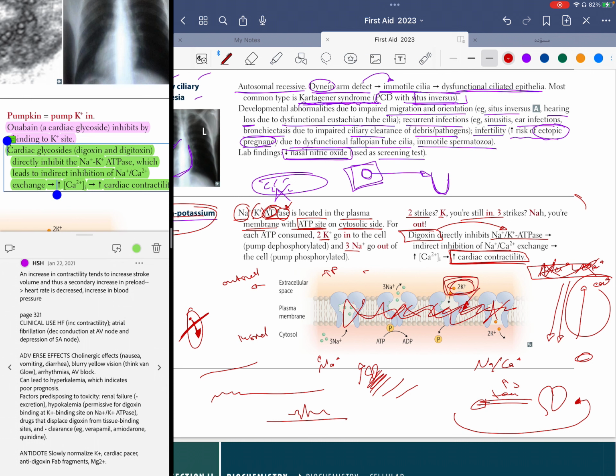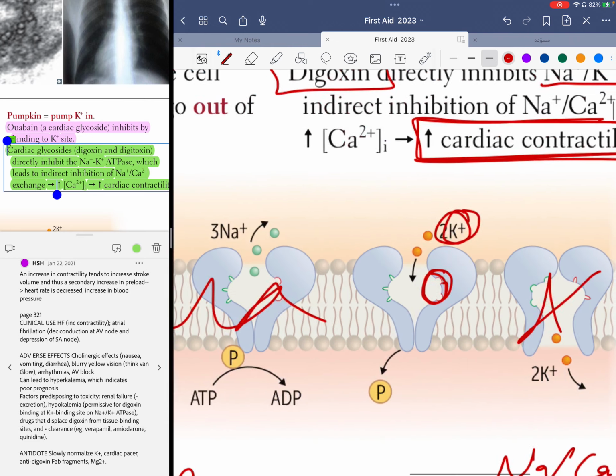So we have a few factors that increase toxicity. Renal failure, because we don't excrete digoxin as much as we want to, which raises the level of digoxin. And also hypokalemia, because that means permissive digoxin binding. There is not enough potassium to bind to this site.